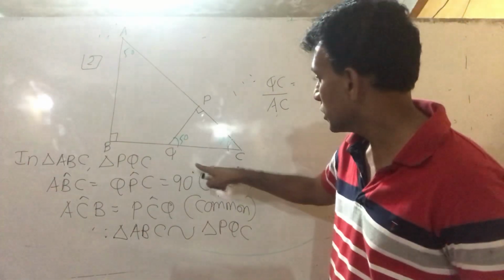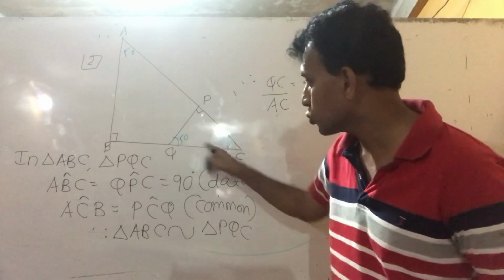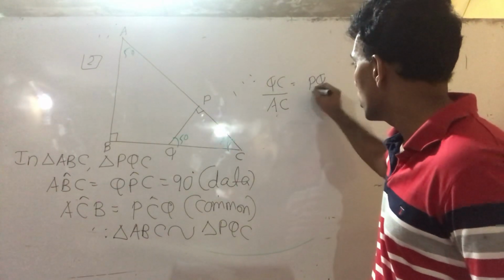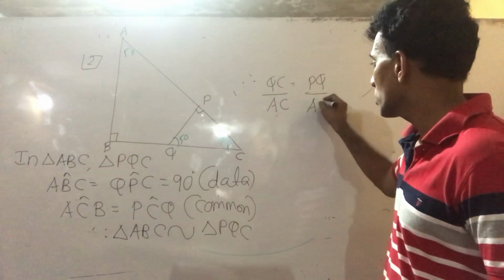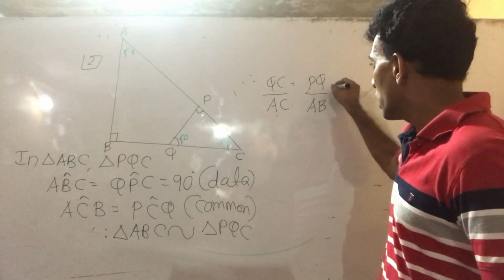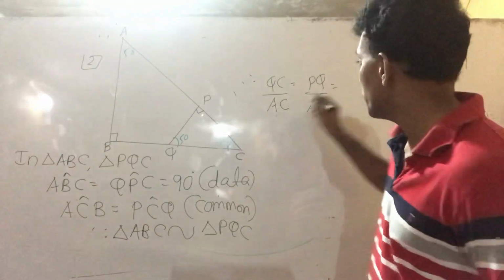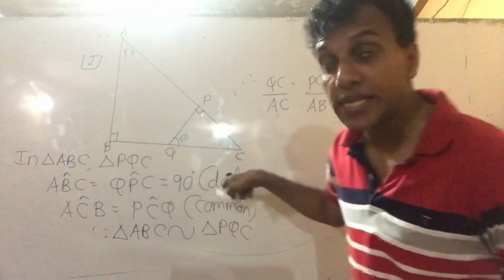PQ means, this is Q, PQ means common angle, opposite 40, PQ over the bigger side AB. At last, there is PC, this opposite 50, PC over here 50, BC, right?